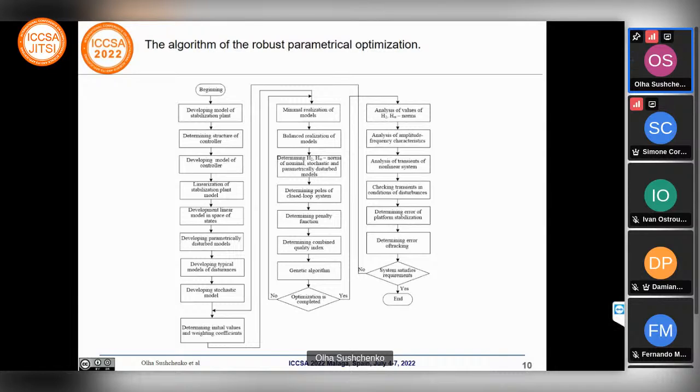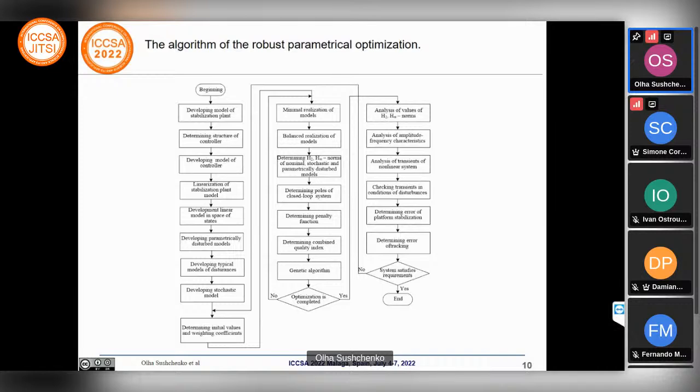As a rule, systems of such a type can be static or can have matrices with different values. It's necessary to carry out minimal realization and balanced realization in this case. Of course, we must also determine H2 and H infinity norms. And remember about the penalty function.